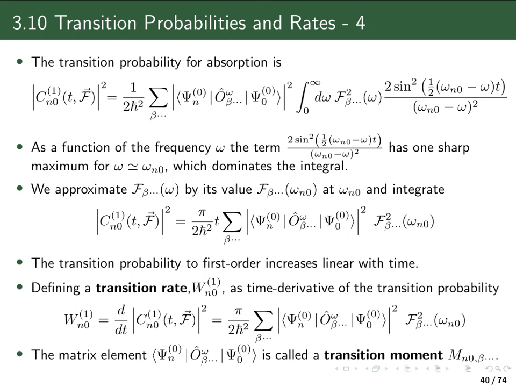And if I take the derivative with respect to time t, then of course t disappears and I'm left with the rest of my transition probability, which is now of course time independent because the transition probability was only linear in time. And this integral, which I already mentioned before, here I have the norm squared, is called a transition moment.